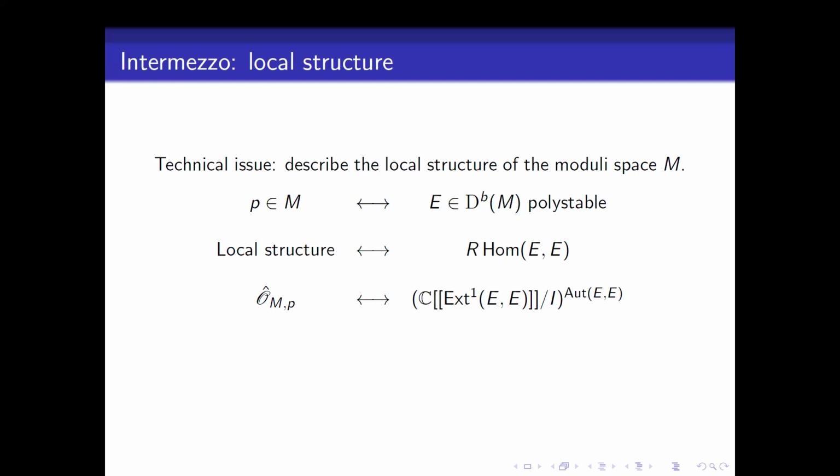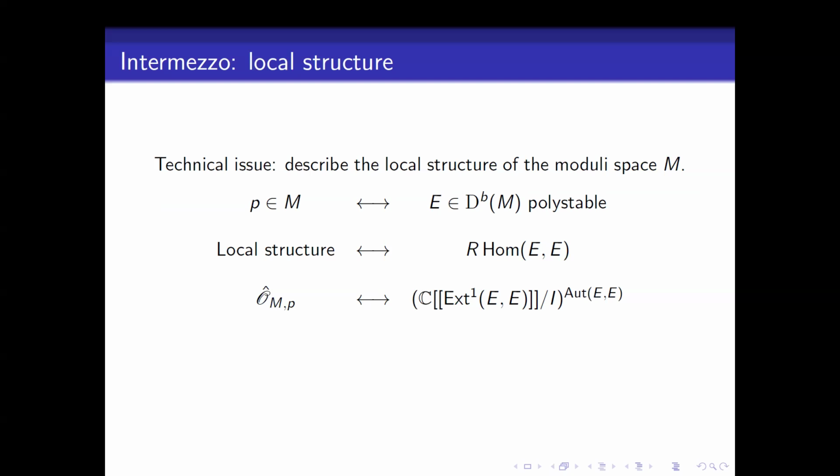One of the key technical issues that happens when you try to control the wall crossing is understanding how the local structure of this moduli space behaves. In the classical case of K3 surfaces, this is pretty much well understood due to the fact that we have a holomorphic form that helps us a lot understanding the deformation theory.